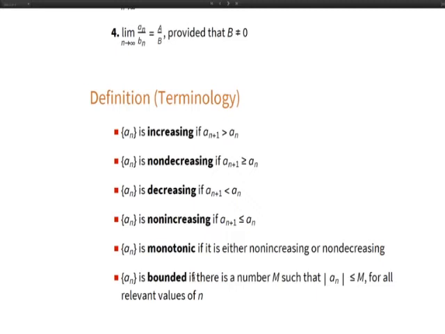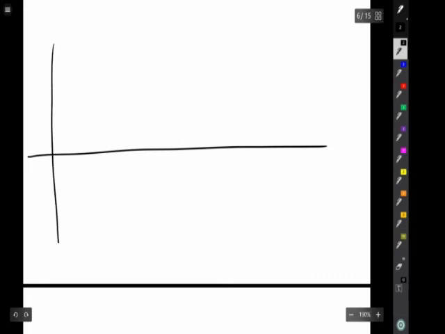A sequence is bounded if it's always stuck between 2 values. So let me draw a picture for you for bounded, to give you an idea of what that looks like. Here are some axes. Let's say we have some monotonic sequence like this.